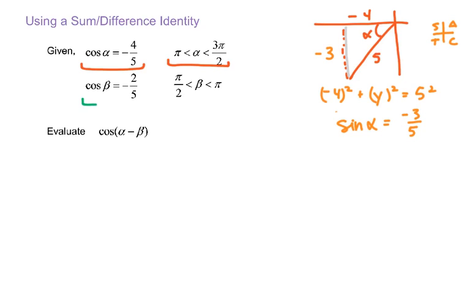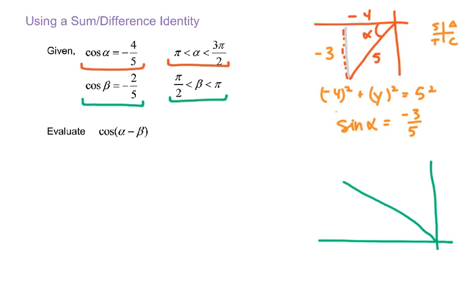So let's do the same for cosine beta. Cosine beta equals negative 2/5, and beta is in quadrant 2, between pi over 2 and pi. I'm going to draw some angle and drop a vertical down to the x-axis. There's my angle beta, the acute angle, always at the center of your reference triangle. My adjacent is negative 2 and my hypotenuse is 5.